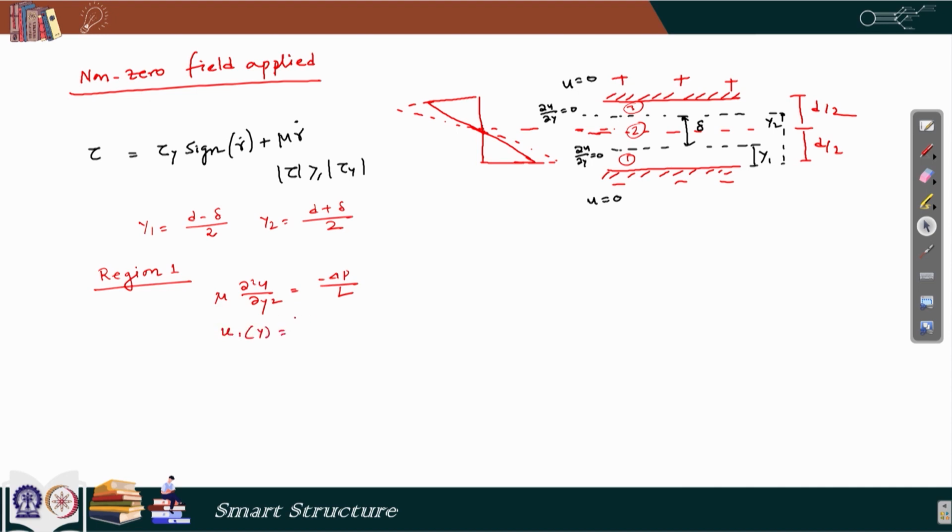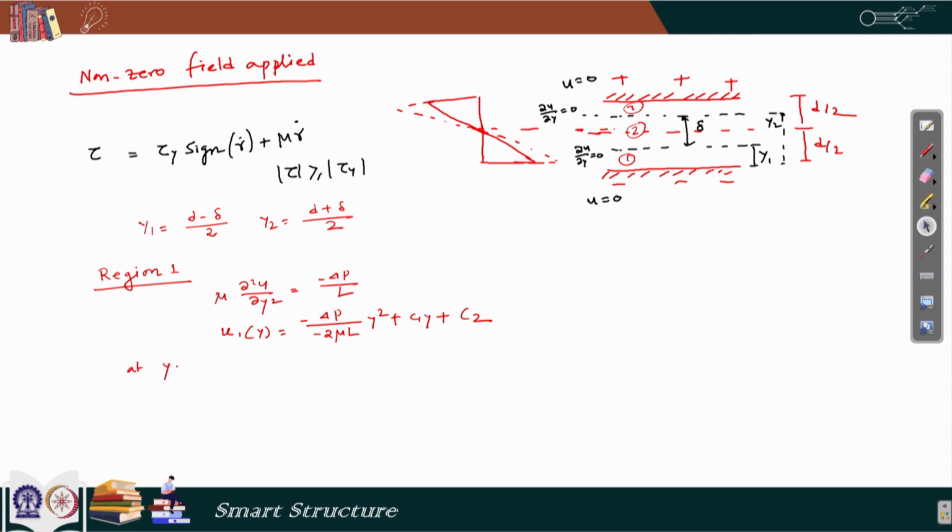If we just integrate it twice, that gives us two constants, C1 and C2. These two constants can be evaluated by putting the condition that at y equal to 0, u is 0, and at y equal to y1, del u by del y is 0.